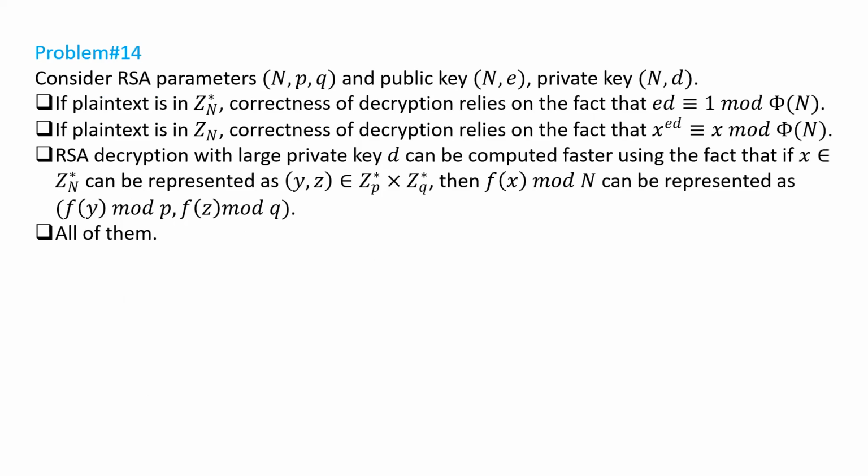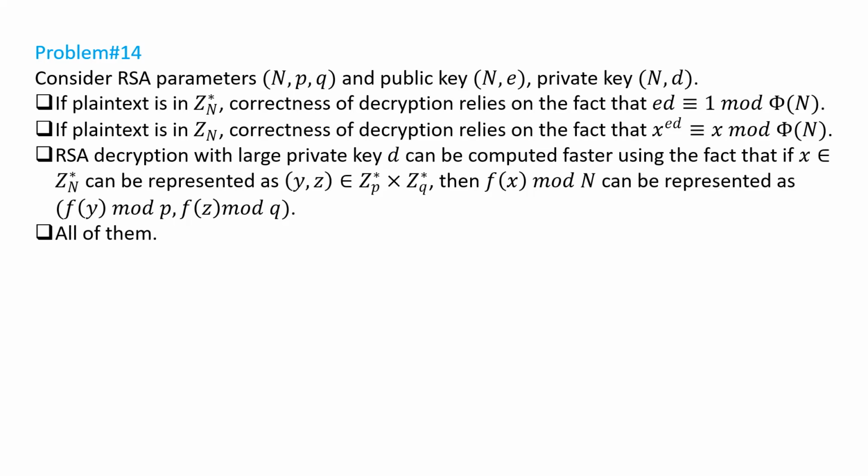So next question. Consider RSA parameters n, p, q, public key (n, e), and private key (n, d). Now some statements are given. If plaintext is in Zn star, correctness of decryption relies on the fact that ed is congruent to 1 modulo phi n. The second option says if plaintext is in Zn, correctness of decryption relies on the fact that x to the power ed is congruent to x modulo phi n.